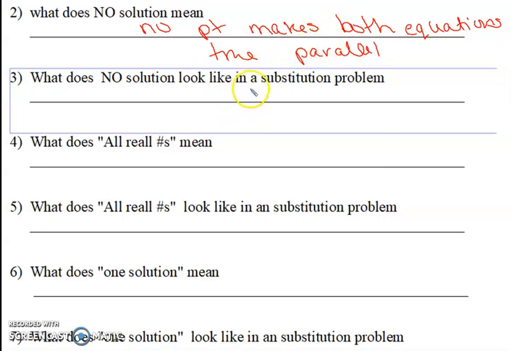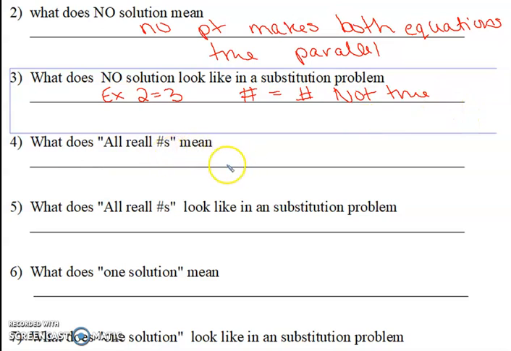So what does no solution look like in a substitution problem? Well, in an elimination problem, it was a number equals a number that wasn't true. For example, 2 equals 3. That's not possible, right? You can never have 2 equals 3. That's not true.